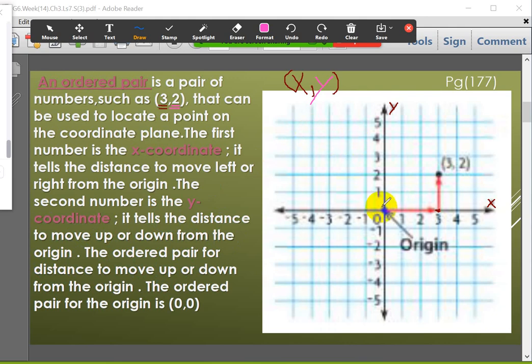So the second number will tell me whether I have to move up or down, negative or positive, and how many. Here the number is 2 as an example. That means positive, so I have to move up according to the vertical number line. What is the number? It's 2. So I have to move 1 and 2. This is the y coordinate.